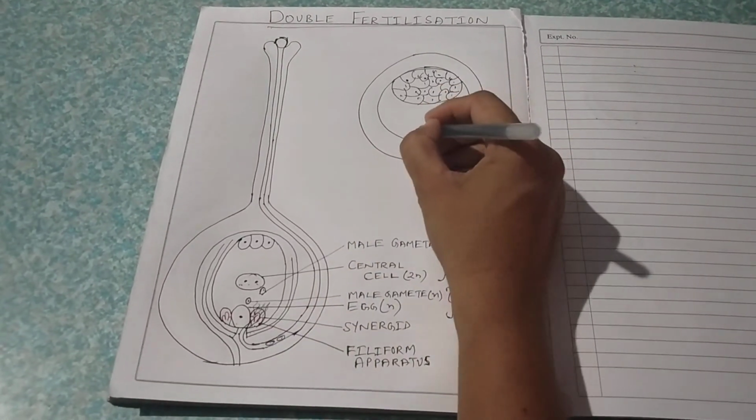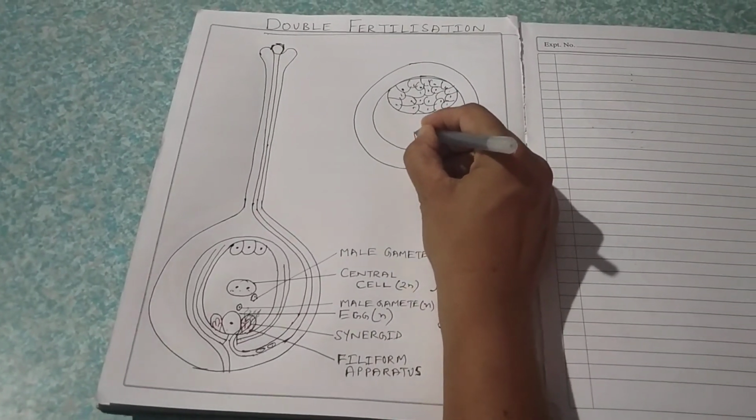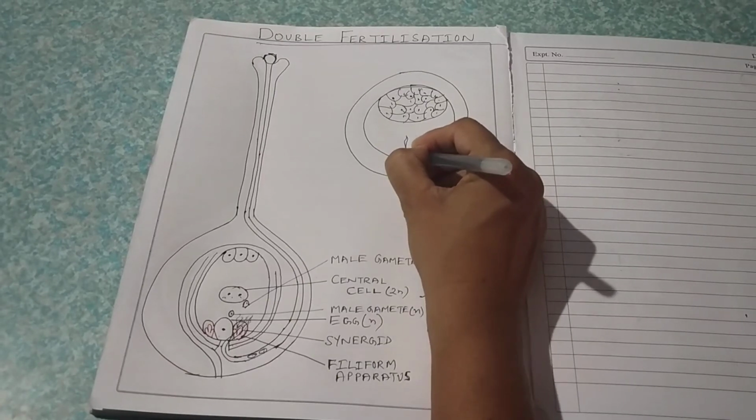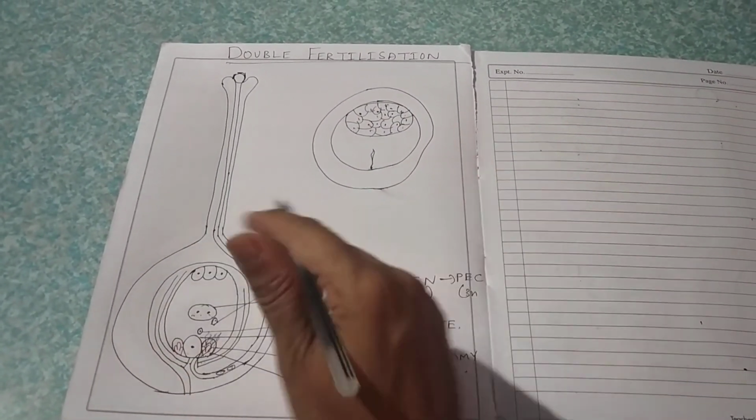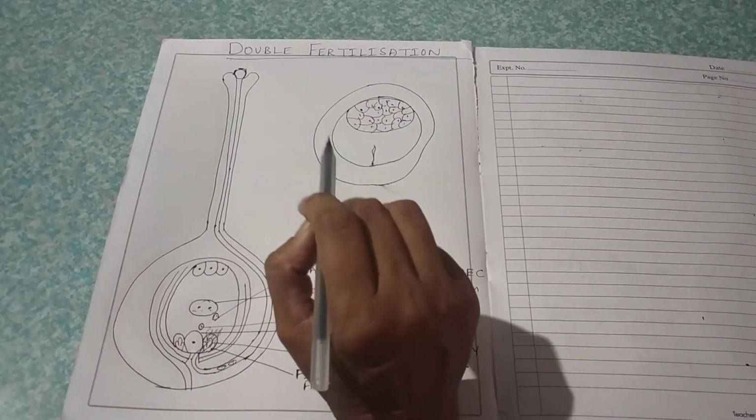And this zygote will start changing into the young embryo. That's all. This is how double fertilization and development of endosperm takes place.